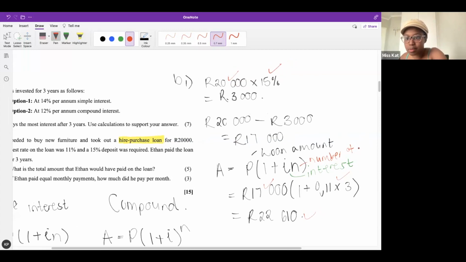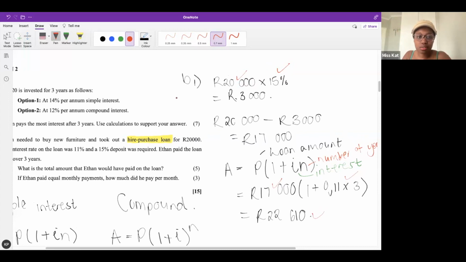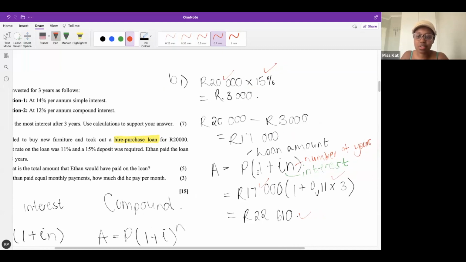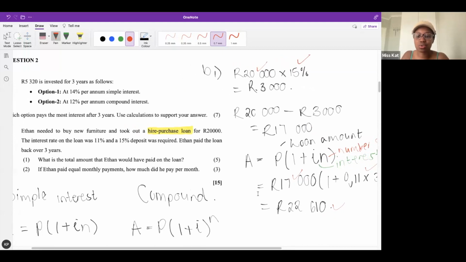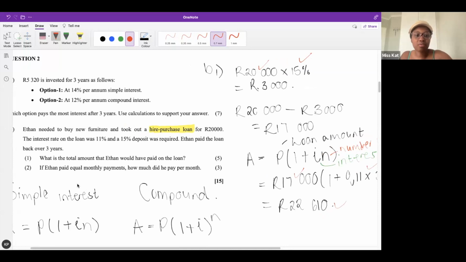Okay, so then we just substituted. P, we borrowed 17,000 because you paid 3,000 cash. So you technically only borrowed 17,000 Rand. And then you substitute in your calculator and you should get 22,610. Hope I've helped you a lot.